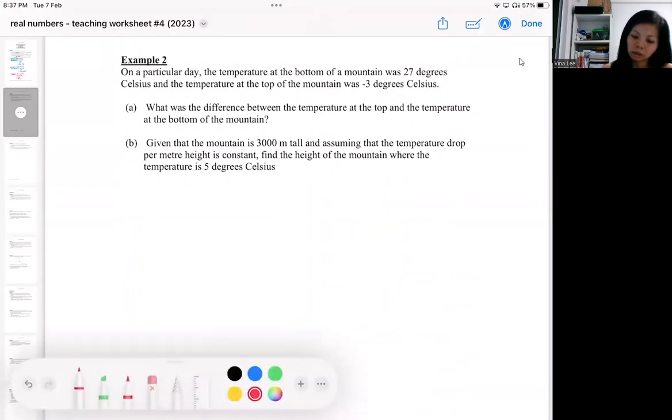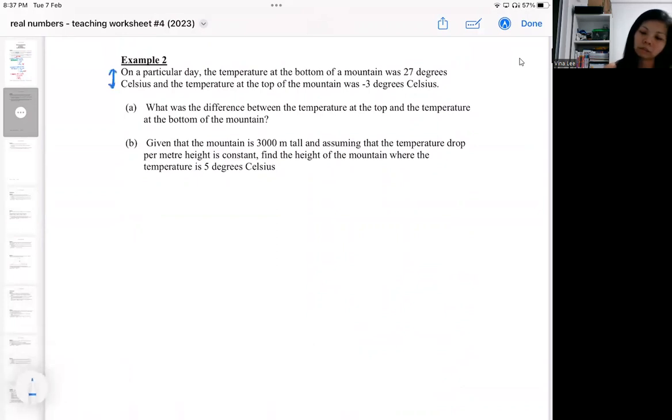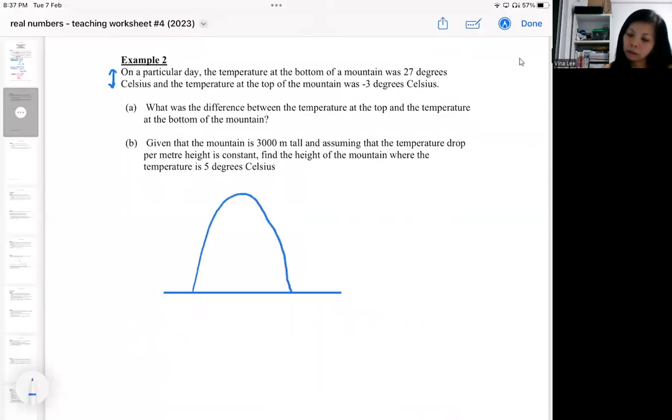So what is this context talking about? If you read carefully, we got a mountain. If you want to, you can draw out the mountain. This is the bottom of the mountain, and this part is the top of the mountain. They are describing to you the temperature at the bottom is 27 degrees.